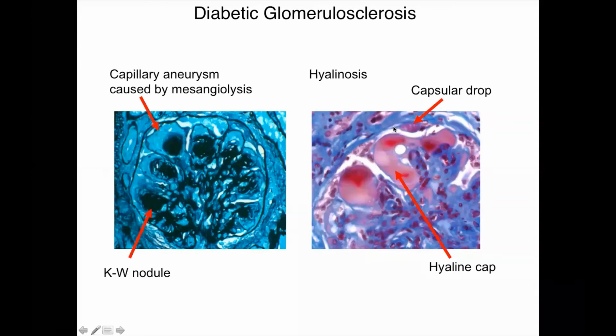يعني أساساً البيشنت مو معروف عنه. They've done the biopsy for some other disease, and incidental finding تشوفون capsular drop. وتشوفون electron microscopy, and we will talk about the features of diabetes on electron microscopy.